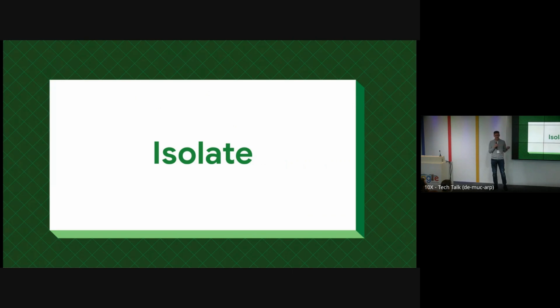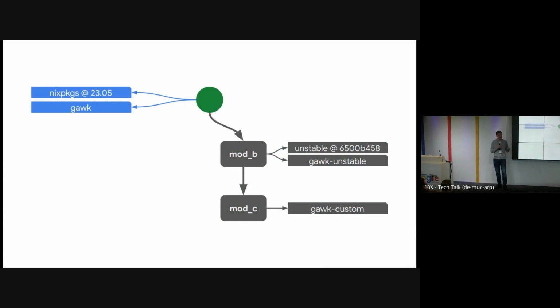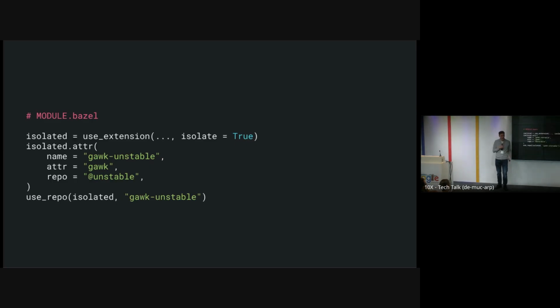Fortunately, Bazel just introduced a new feature for module extensions, which is isolated module extensions. What this means is that modules B and C can stick to their respective overrides, while the rest of the project gets the globally resolved default behavior. The way you can do this is, when you import the module extension, you set the isolate parameter to true to mark it as isolated.